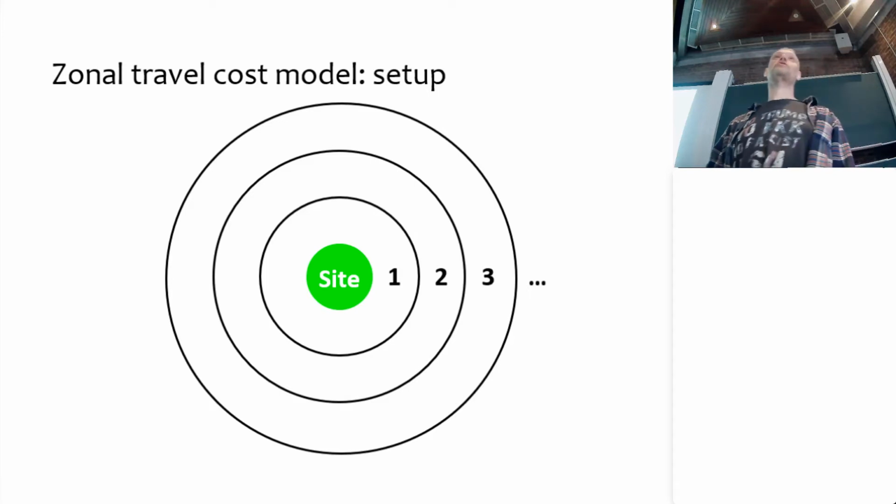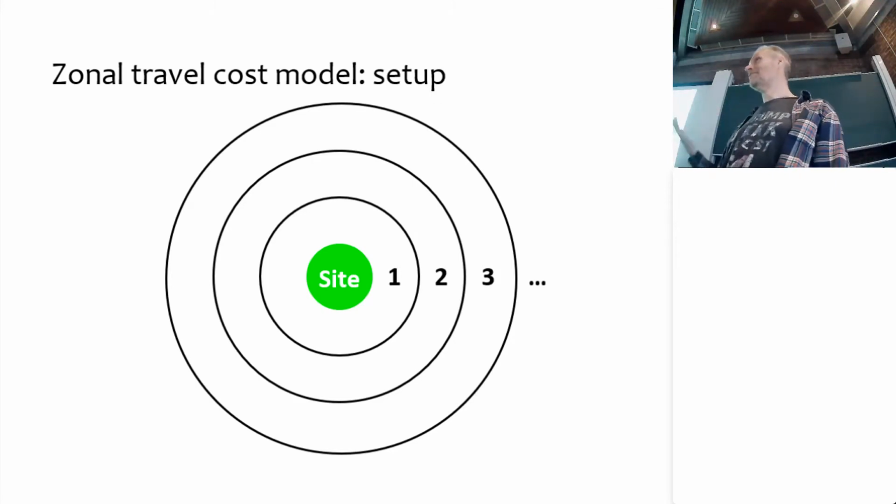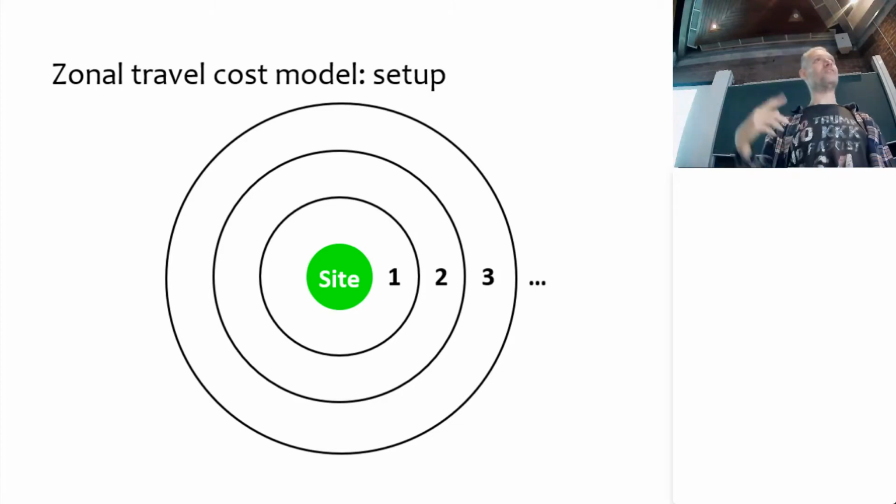And you draw circles around this park, and you say, well, the people who live in zone 1 need 5 minutes to get to the park, and the people who live in zone 2 need some 15 minutes to get there, and the people in zone 3 need half an hour to get there, right? And then of course, if you take into account roads and buses and everything, these would not be concentric circles, right? That's only in textbook examples that these are concentric circles.